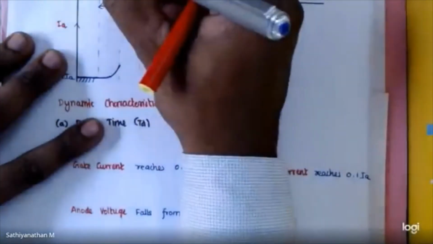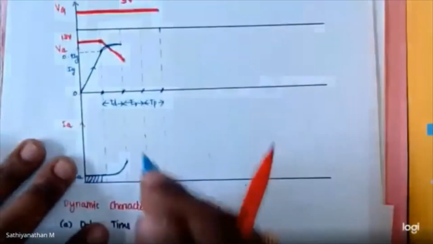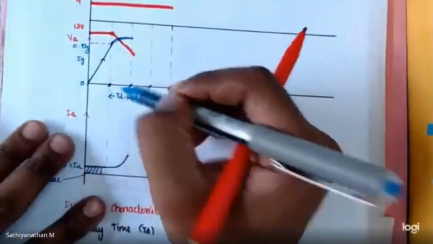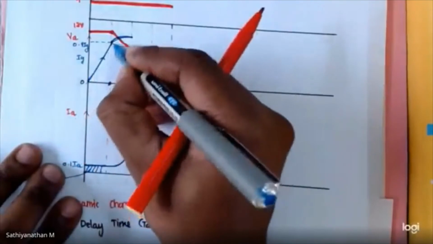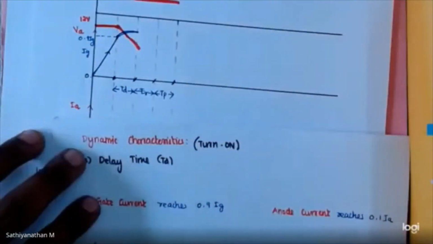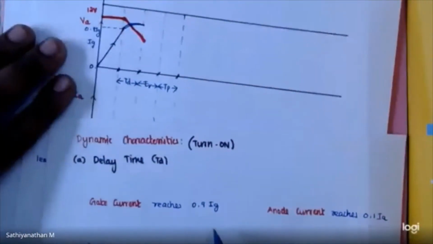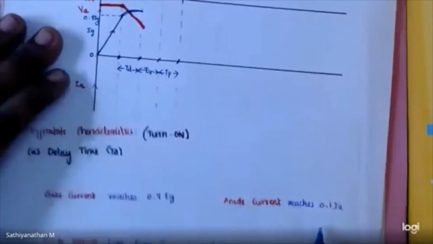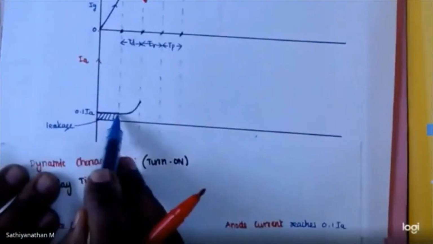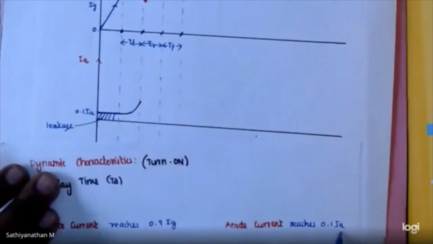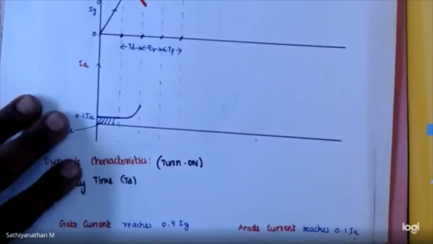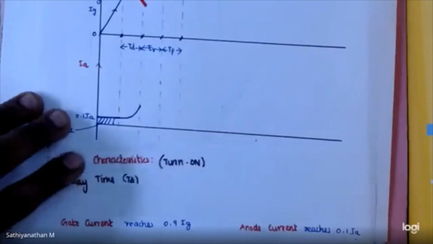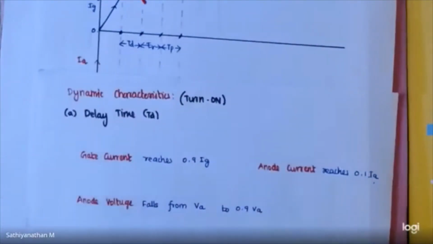So during this time period, delay time, your gate current increases and reaches 90% of its value, and your anode current reaches 0.1 and above, and your anode voltage starts to decrease from maximum value to 0.9 of VA. So this is called delay time.